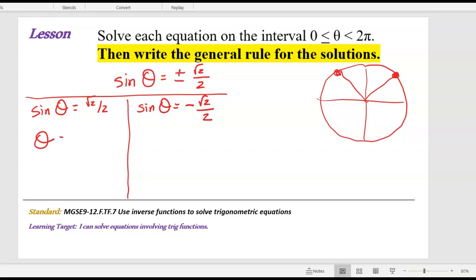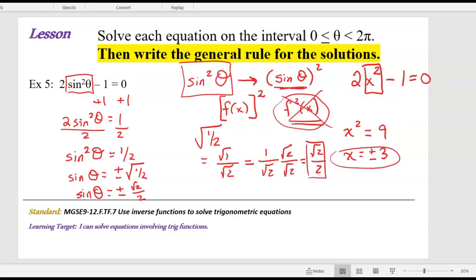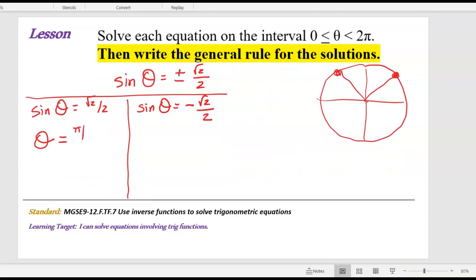So theta could be pi over 4 or 3 pi over 4. Okay, if my y value is root 2 over 2.